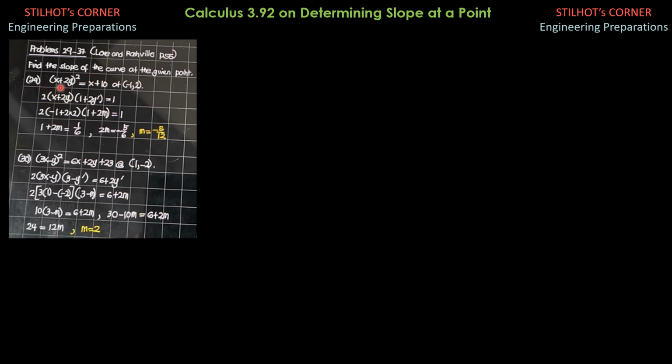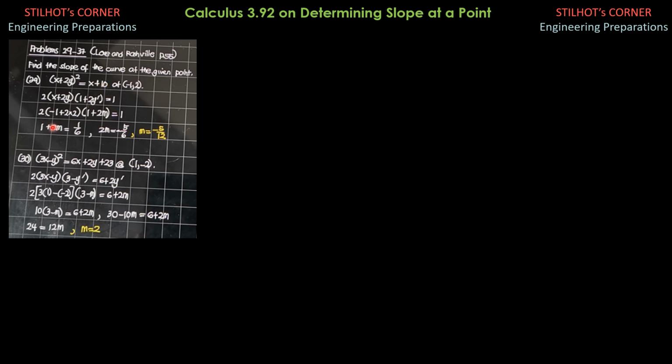29: (x + 2y)² = x + 10 at the point (-1, 2). By the power formula, 2 times (x + 2y) raised to 1, and the derivative of x + 2y is (1 + 2y'), equals the derivative of x + 10, which is 1, since the derivative of 10 is 0.